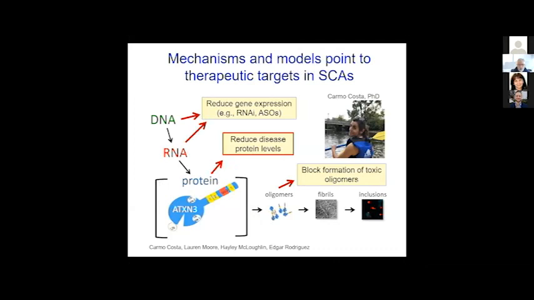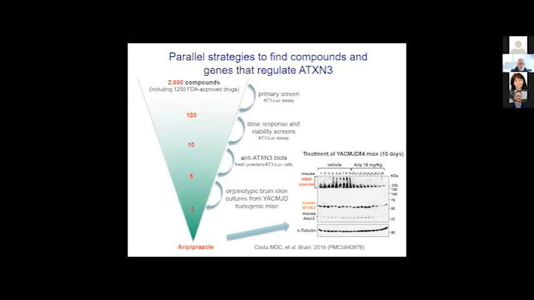And while we can't go through that in any detail, she's developed beautifully parallel and complementary cell-based assays and in vitro slice recording assays, and the mice themselves, to look at compounds or genes to identify those that might actually be regulators of ataxin 3. And so in this particular screen, she looked at roughly 3,000 compounds, including many that are FDA-approved. And out of this, she found 3 compounds, including an existing antipsychotic known as aripiprazole, that did a great job of reducing ataxin 3.